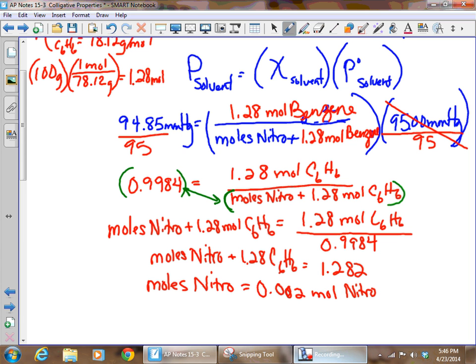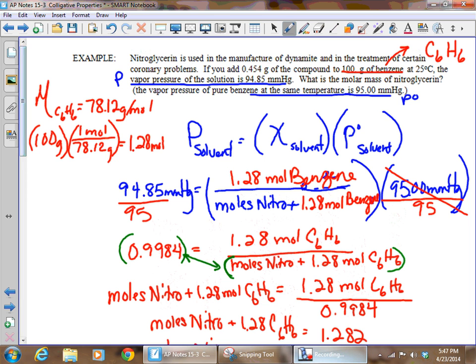That looks like a nice answer, but that's not what it asked for, remember. It asked for molar mass. Molar mass, remember, is in grams per mole. It gives us one additional piece of information up in our problem. It tells us that we have 0.454 grams of the nitro.